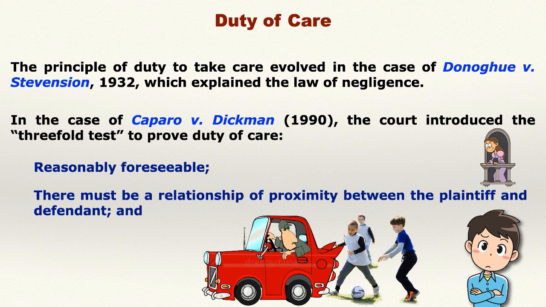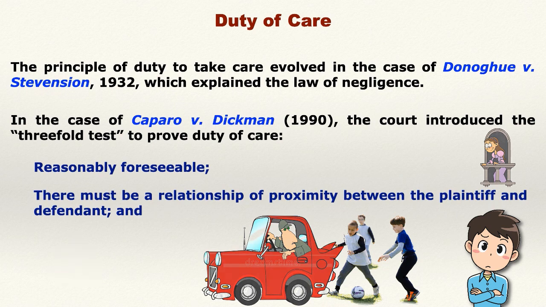But whatever wrong happened to that lady, the mother of that boy, he is not responsible, because that doesn't come under the relationship of proximity, because that is not reasonably foreseeable. Just check the first one, that is reasonably foreseeable. That is not reasonably foreseeable by that gentleman. So for that injury, for that damage, this gentleman won't be liable. But of course, if anything wrong happened to that boy, this gentleman definitely will be liable because there was a duty of care and he didn't do that.